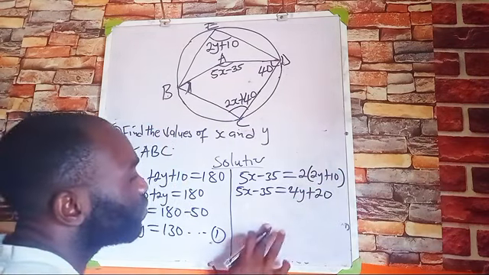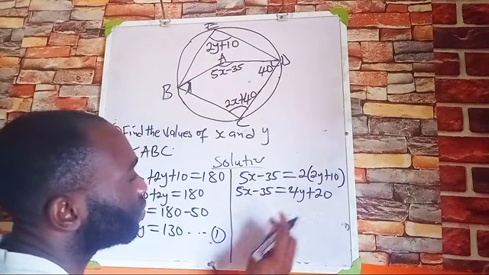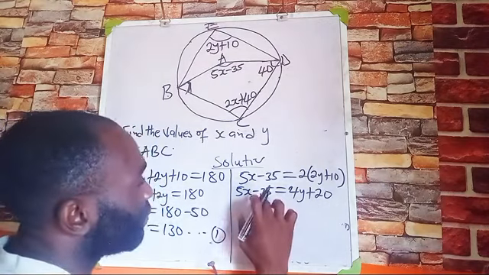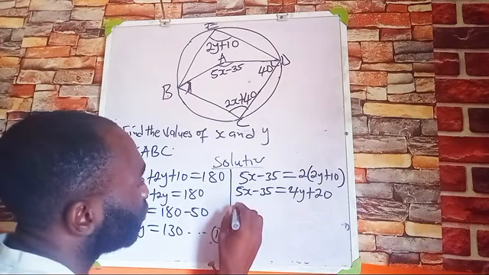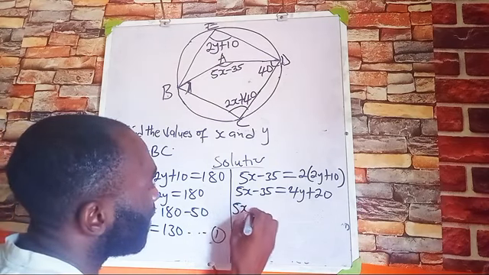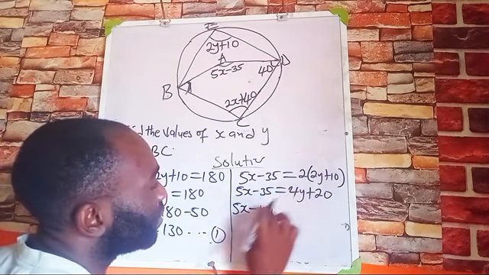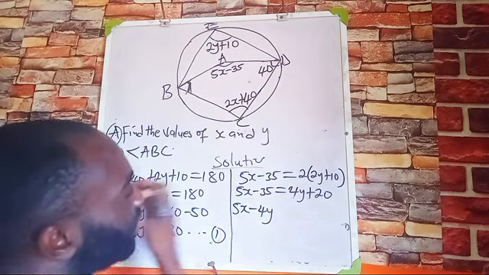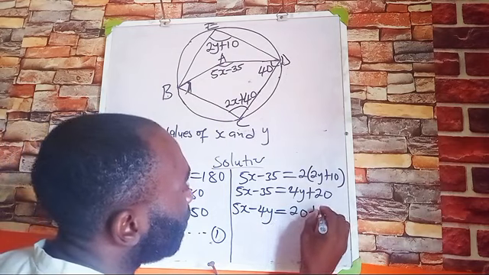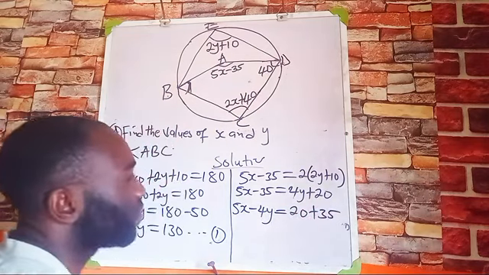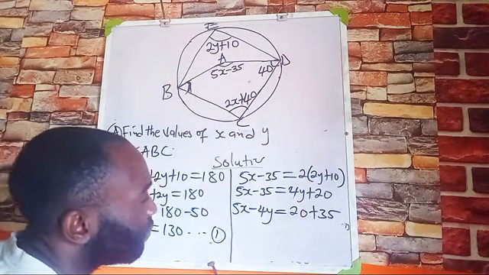We are trying to put it in a simultaneous equation. So we move 35 to the right hand side, and I'll move 4y to the left hand side. Doing that, we have 5x minus 4y, because this sign changes to minus when coming to the left hand side. And on this side you have 20 plus 35, because minus 35 going to the other side turns to plus 35.